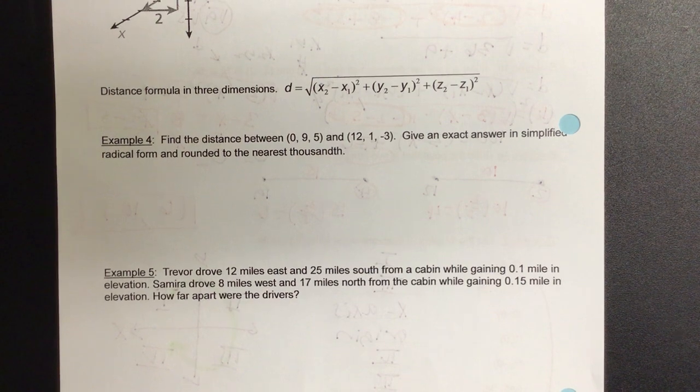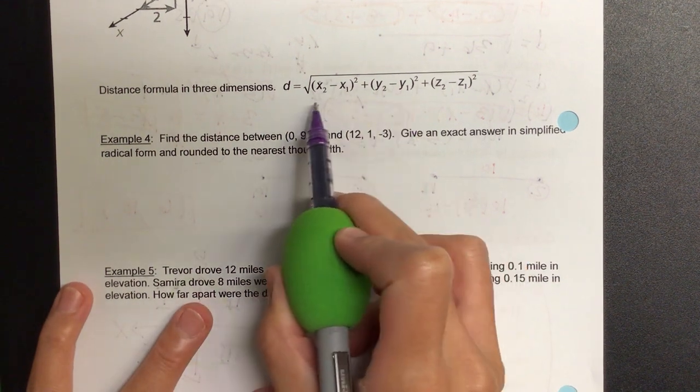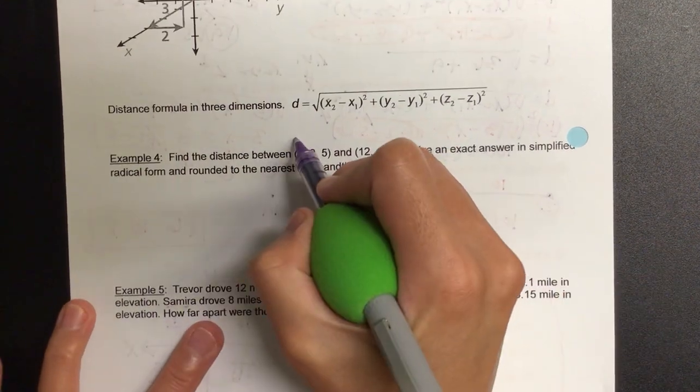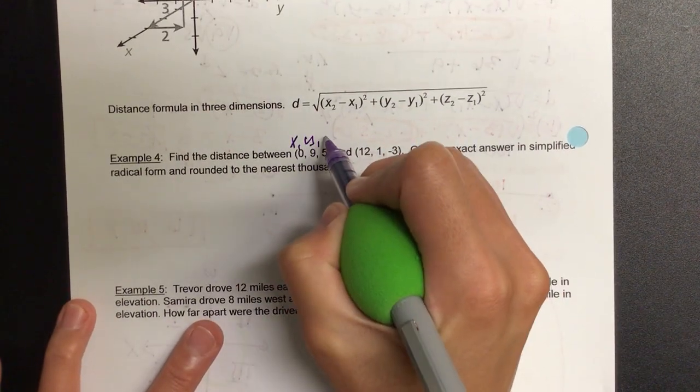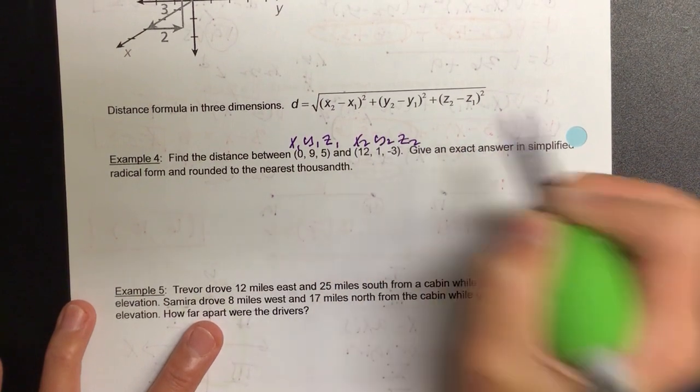All right, for this one, we're looking at distance between 2 points in a 3-dimensional manner. So all that basically means the first two chunks are the same. The last one has our z-axis. So let's go ahead and write out x1, y1, z1, x2, y2, z2.